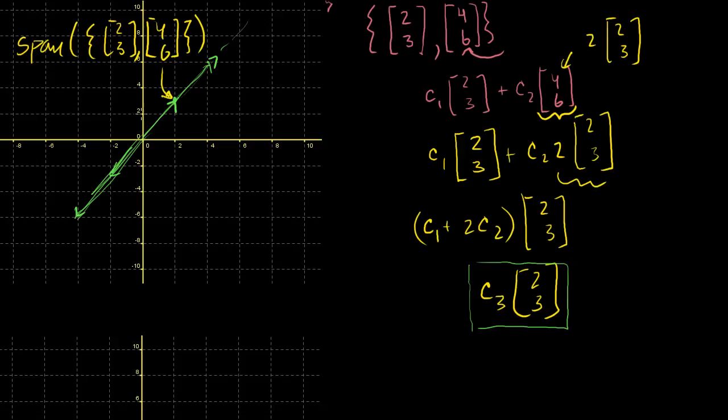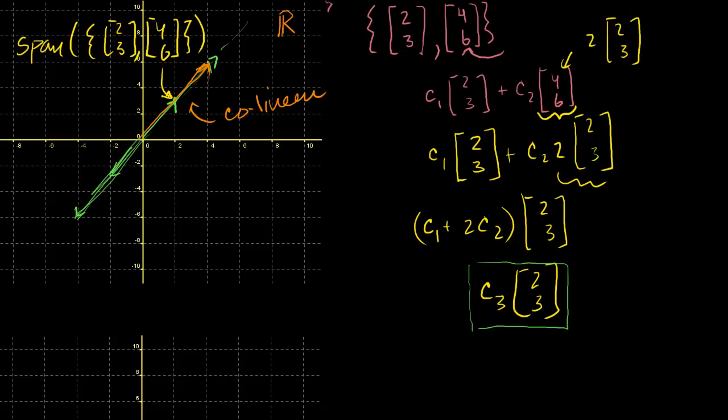Even though we have two vectors, they're essentially collinear. They're multiples of each other. If this is 2, 3, then 4, 6 is just that longer one right there. These two things are collinear. So when we have two collinear vectors in R2, their span just reduces to that line.